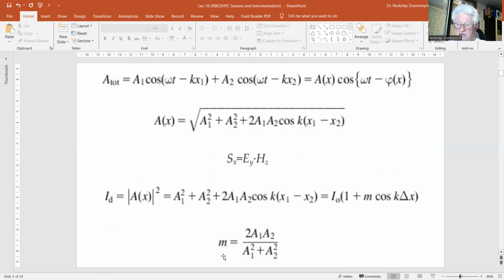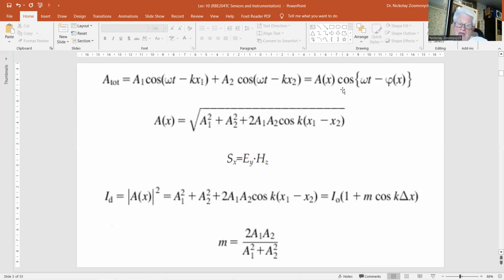The first equation here, A total, describes a periodic signal with an angular frequency omega, and in which amplitude and phase both vary with k times (x1 minus x2), and hence with the difference between the travel distances, right?